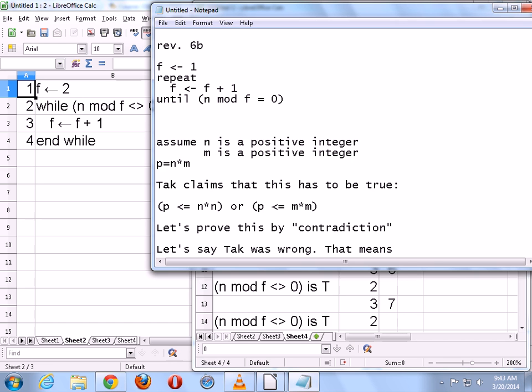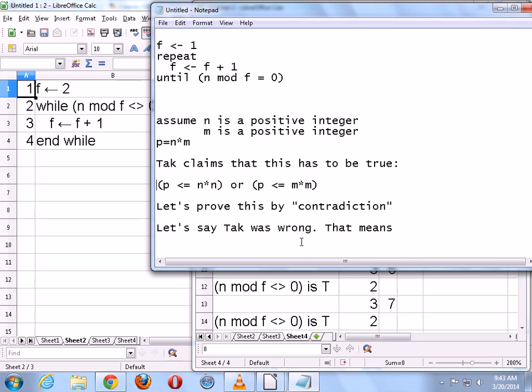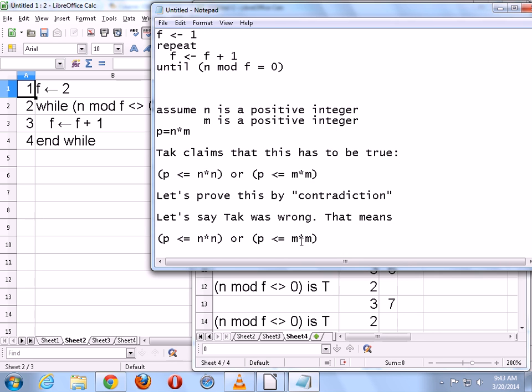That means this is not true for at least one pair of n and m. You can find me a specific n and a specific m such that the disjunction is false. That's what it means when I was wrong in this specific case.